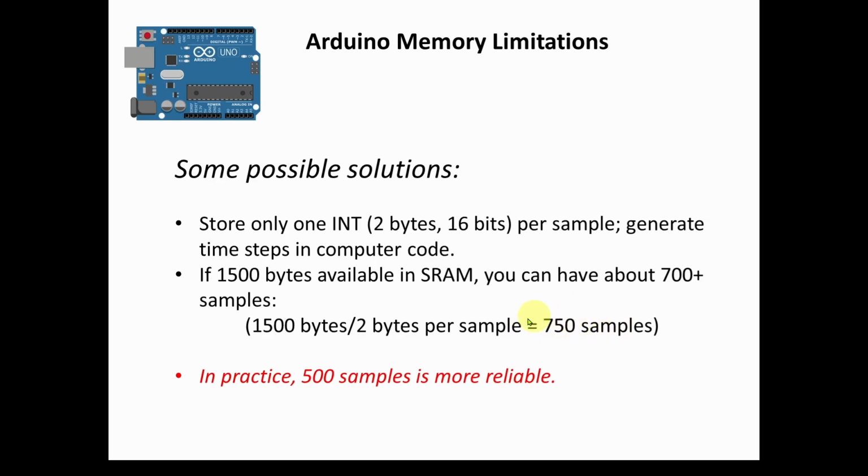Maybe that will work. In practice, I found that like 500 samples is more reliable, but at least we now have a ballpark. We're going to say, well, 500 or 700 samples is going to be our limit for storage in the Arduino. So we're going to have to make sure we consider that when we're developing our final Arduino code and our C# application.